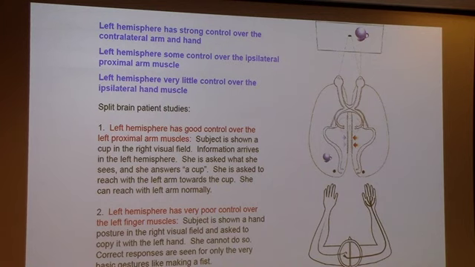At this time, because of this 10% uncrossed CST, he can still move the proximal arm muscles of his left arm with his left hemisphere, but he cannot move the finger muscles, not this fine movement. So this ipsilateral control is only for the proximal arm muscles, not for the fine movement, not for the distal muscles.